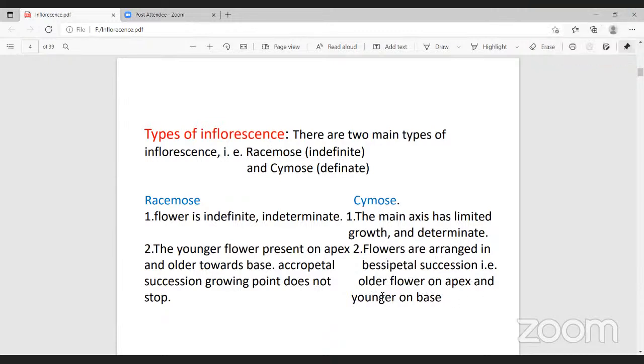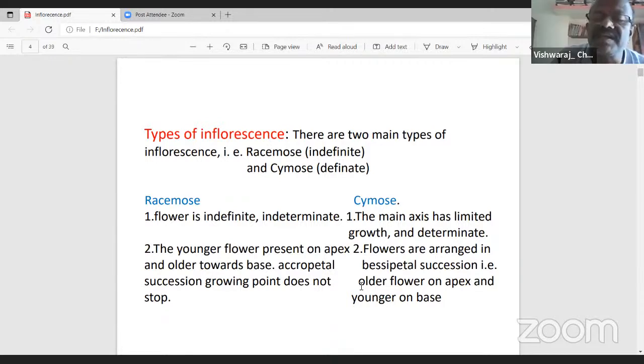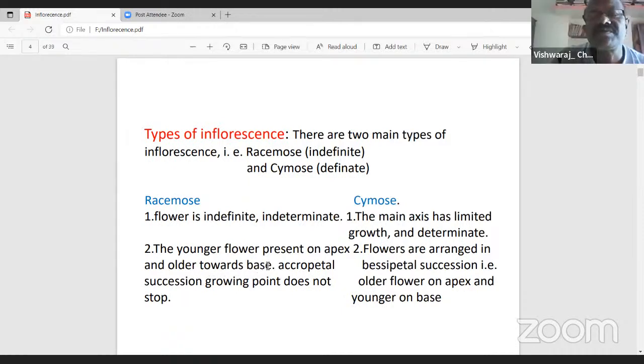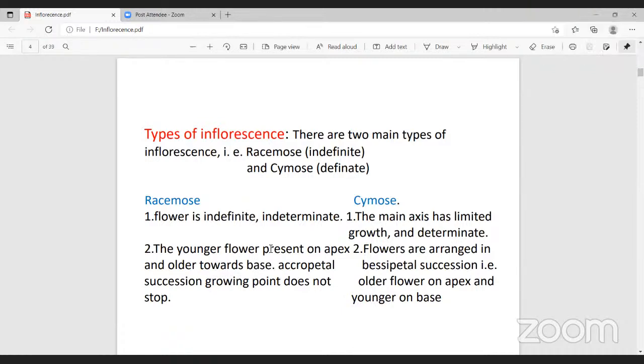This means the apex flowers mature first compared to the base. But in racemose, the base flowers mature first compared to the apex.